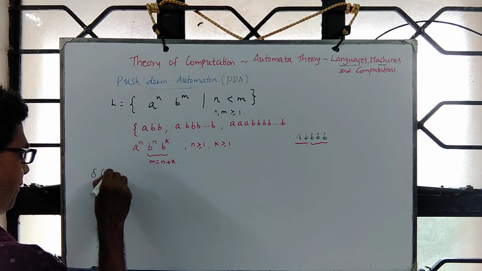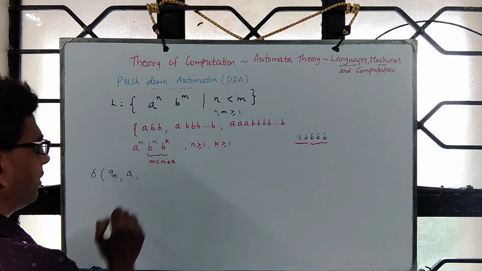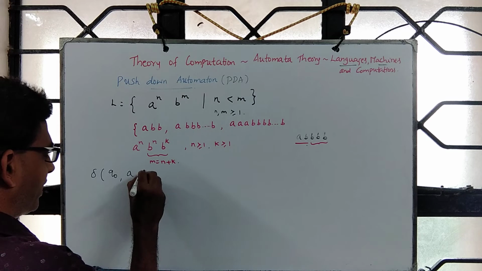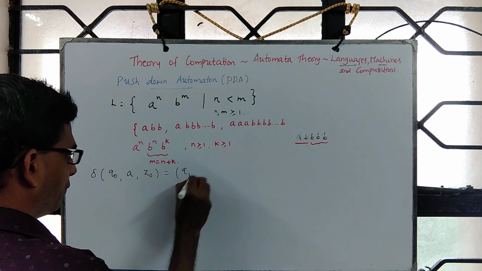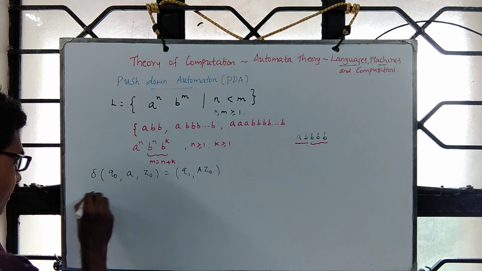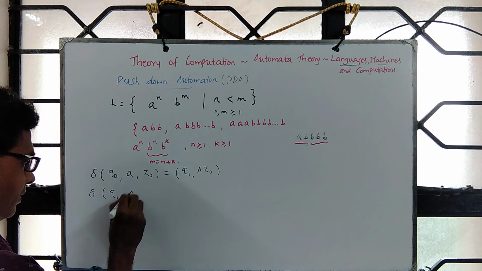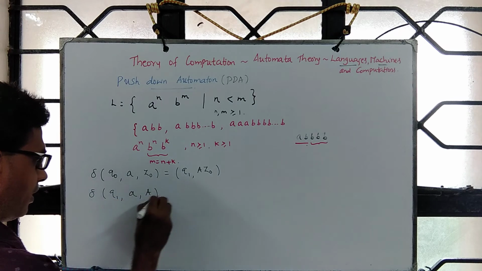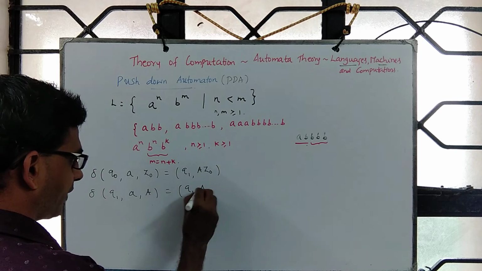So delta of q0 comma a followed by z0, we say we go to q1, push capital A z0, and when we are in q1 we read this, stay in q1 and push.